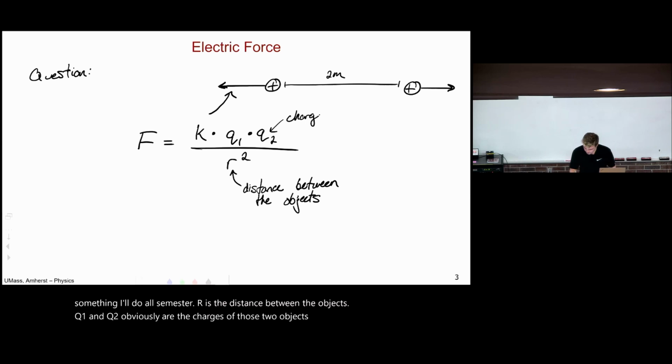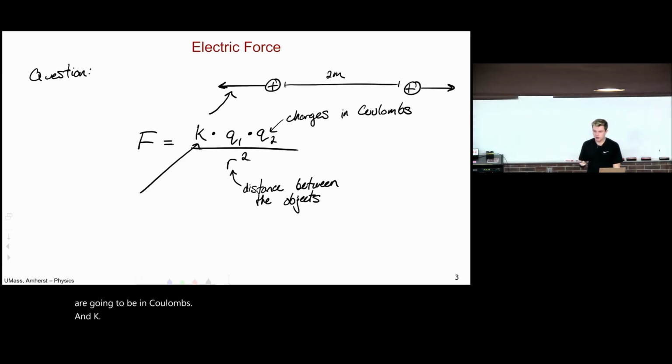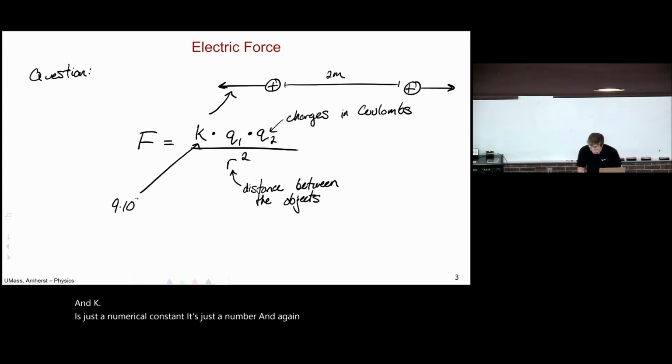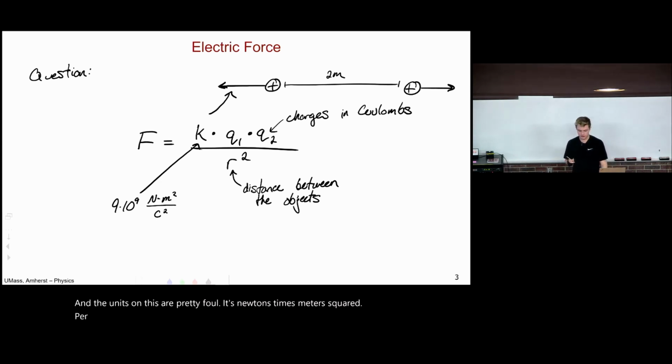But the charges are going to be in coulombs. And K is just a numerical constant, it's just a number. And again, it's 9 times 10 to the 9th. And the units on this are pretty foul. It's newtons times meters squared per coulomb of charge squared.